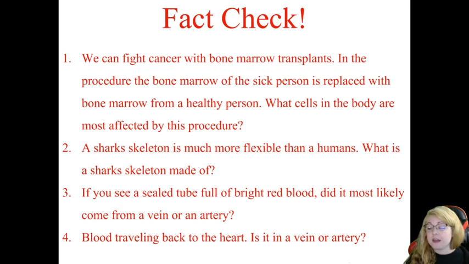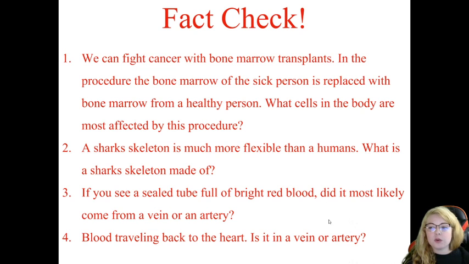It most likely came from an artery, because most arteries carry oxygen-rich blood away from the heart, and the presence of that extra oxygen would mean that it's a brighter red than blood that didn't have as much oxygen. And number 4, blood traveling back to the heart, is it in a vein or an artery? Remember, arteries go away from the heart, veins go back to the heart.